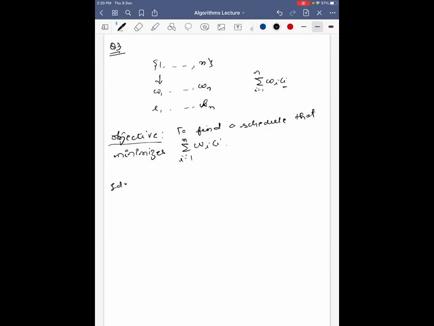So idea one is to order the jobs in increasing order of WiLi. Does this work? Is it guaranteed to output an optimal schedule for this question?